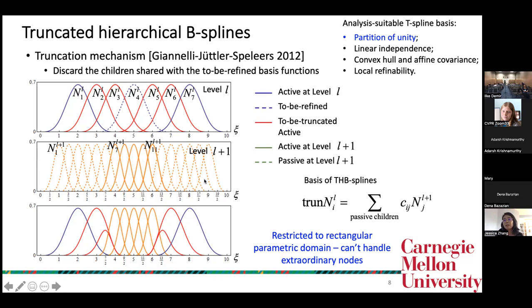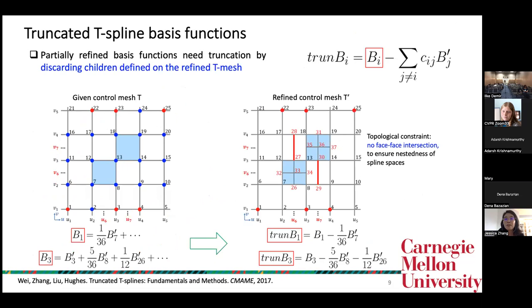So this work is restricted to a rectangular parametric domain, and it cannot handle extraordinary nodes. In our study, our geometry is very complicated, so our domain is arbitrary. We need to handle extraordinary nodes and also support local refinement. So firstly, we extended this idea to T-splines.